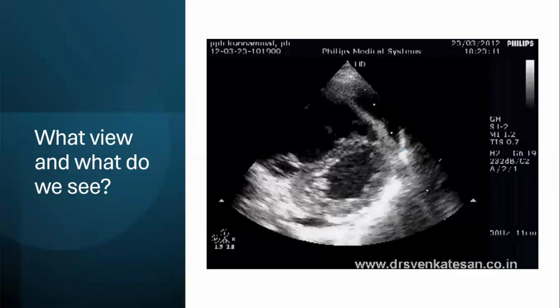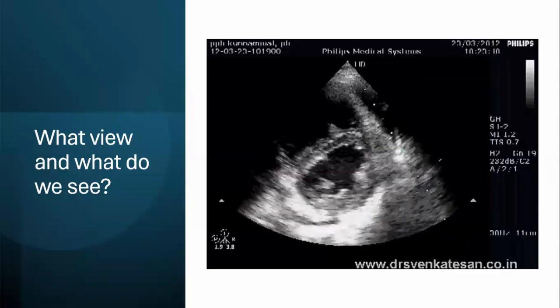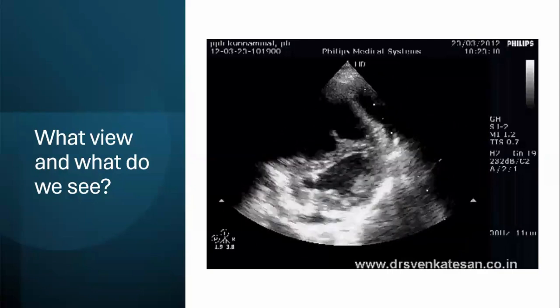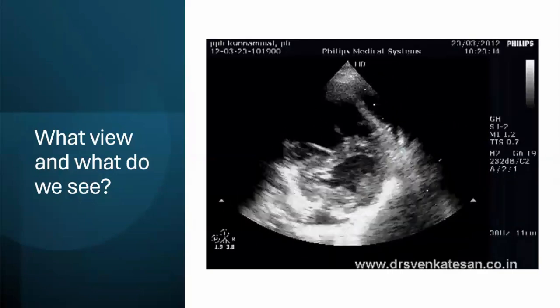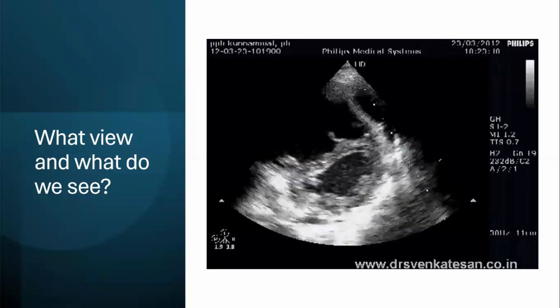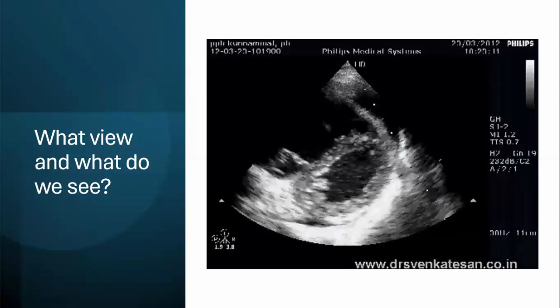Then as your left ventricle starts to relax, you get this paradoxical shift of your interventricular septum into the left ventricular cavity, and that's what gives us this D-shaped ventricle.